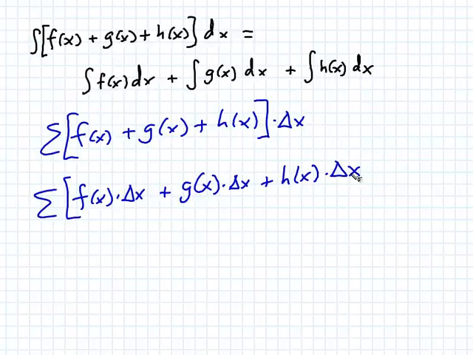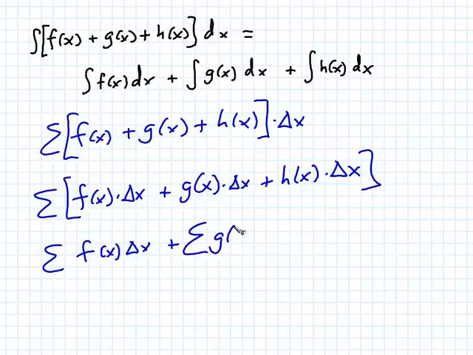Okay? And the sum of this plus this plus this, etc. is the same as the sum of all of these plus the sum of all of these plus the sum of all of these.